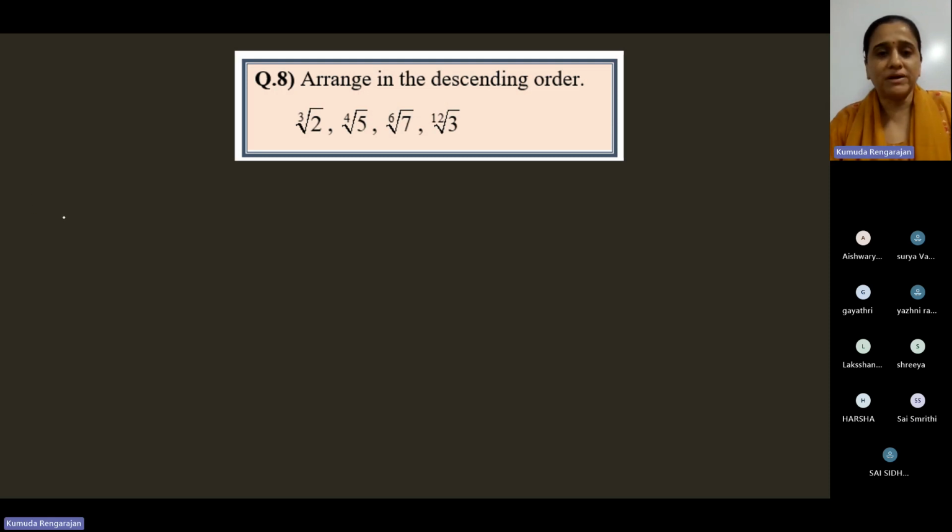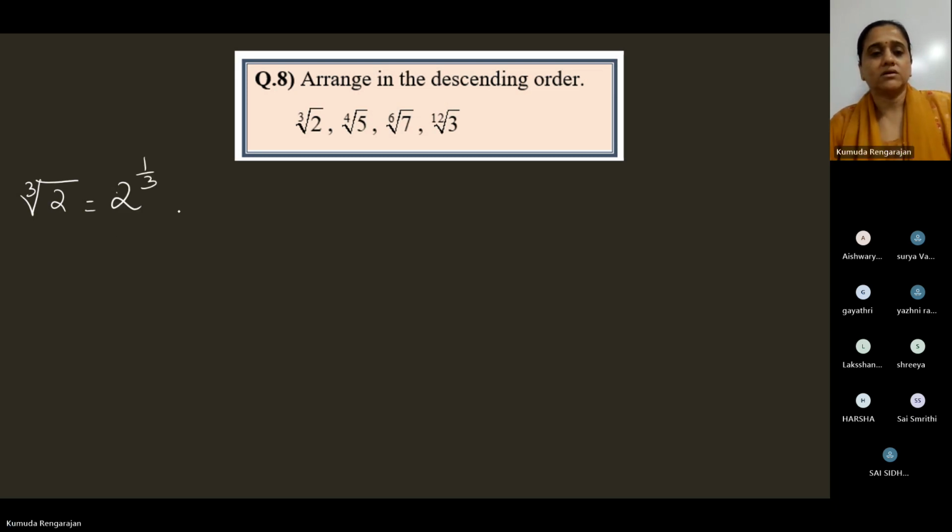So you'll have to work them separately. Cube root of 2 is nothing but 2 to the power 1 by 3. We'll have to bring all the surds to order 12 because the LCM of 3, 4, 6, and 12 is 12.